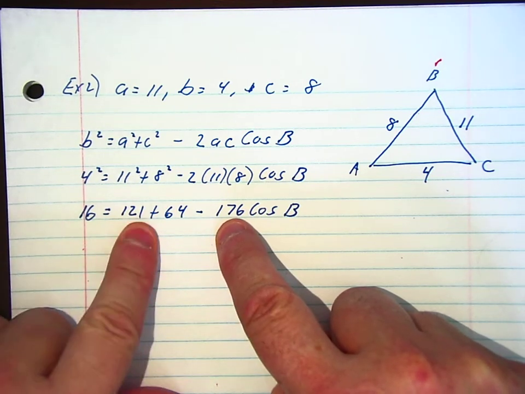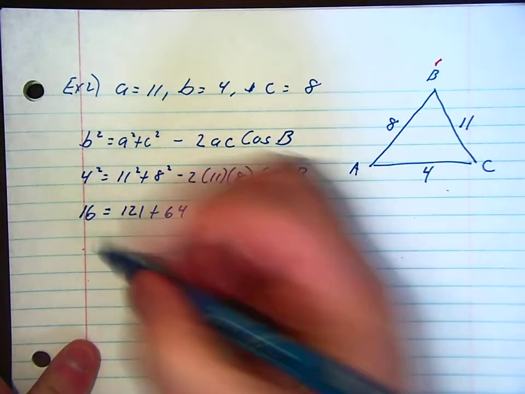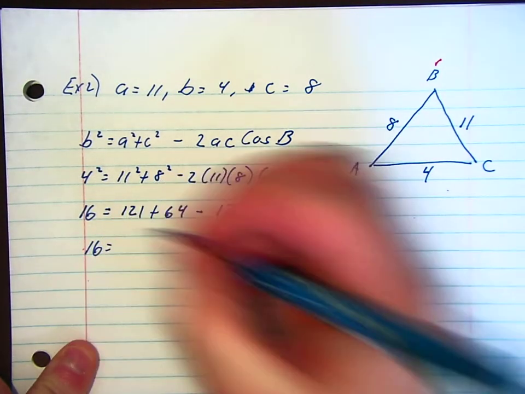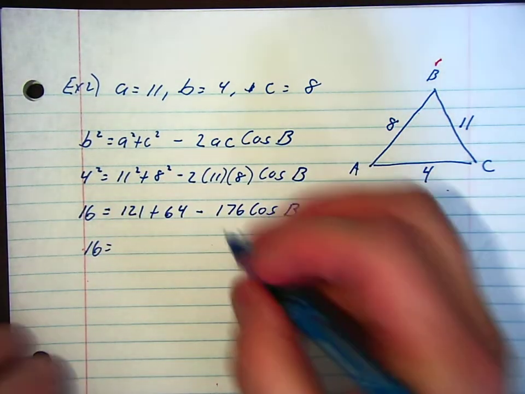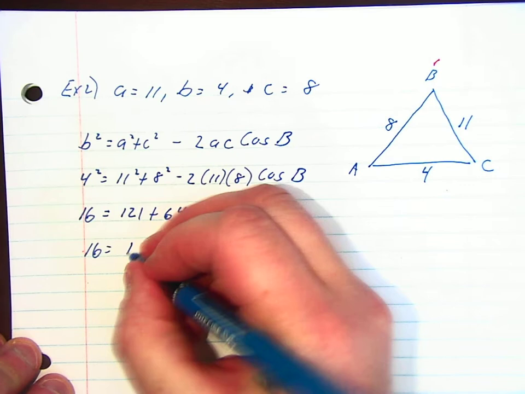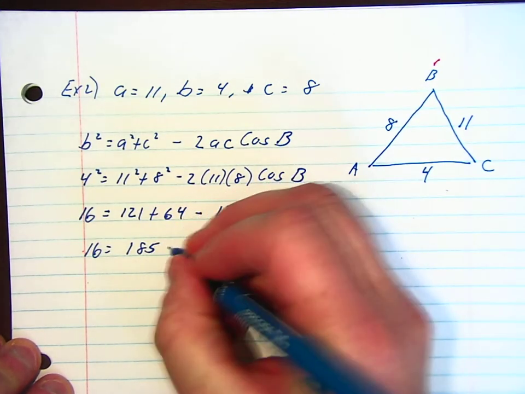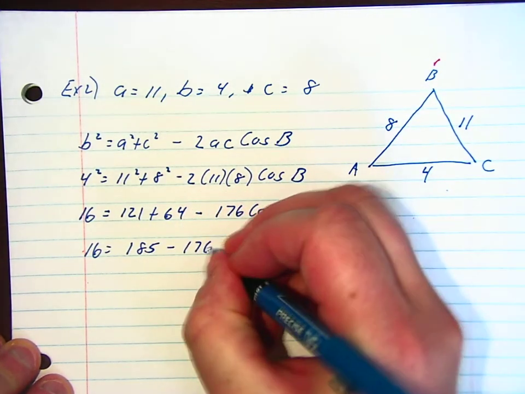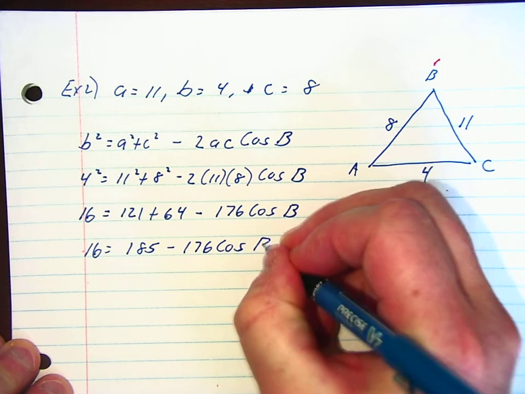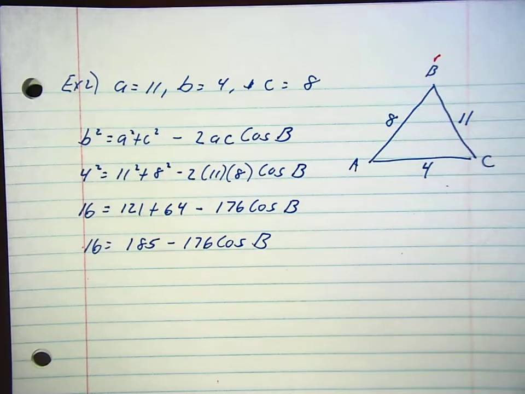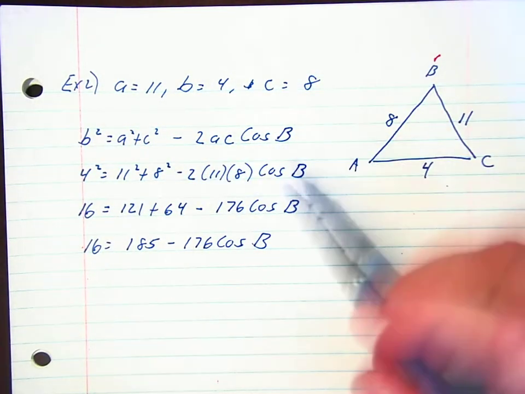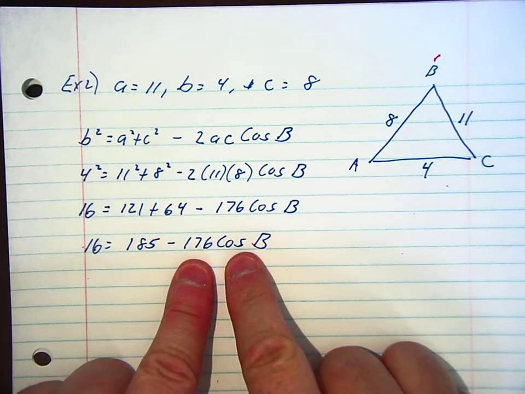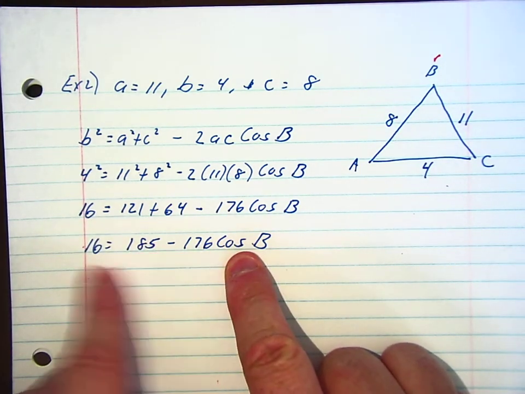Now, these two you can combine. So I'm going to go ahead and combine them. And here's what I have. 121 plus 64 is 185 minus 176 cosine of B. So that'll always be what happens. You'll combine these two, and then we're going to get this term by itself by subtracting that away.